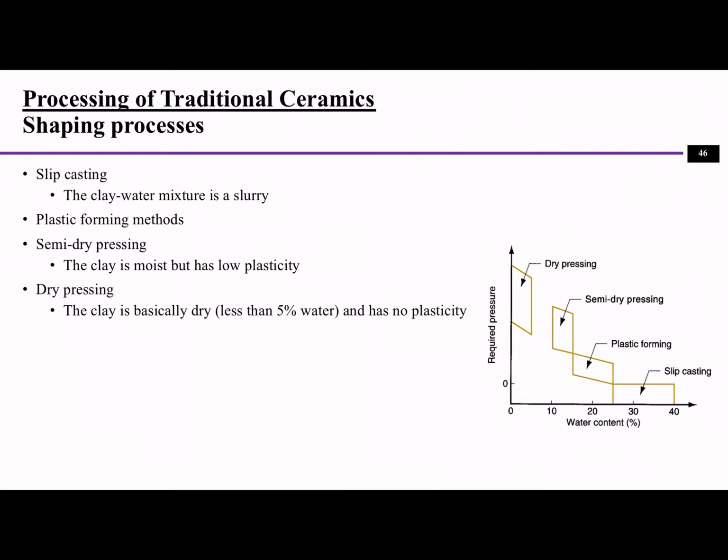For example, dry pressing means we are not going to use any water in the mixture of raw materials, so the product will not have a lot of porosity. And slip casting means we need to add a lot of water, so we're also going to lose a lot of size or shape when we are sintering the products.